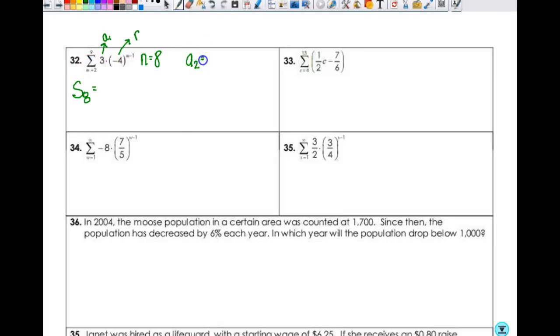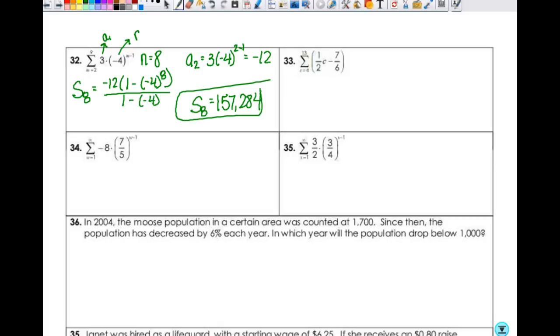So A2 is equal to 3 times a negative 4 to the 2 minus 1 power, and that's just gonna give me negative 12. So the first term in my series is A2, so that's negative 12 times 1 minus R, which is negative 4, to the nth power, which is 8, all over 1 minus a negative 4. So then the sum of those 8 terms there is 157,284.